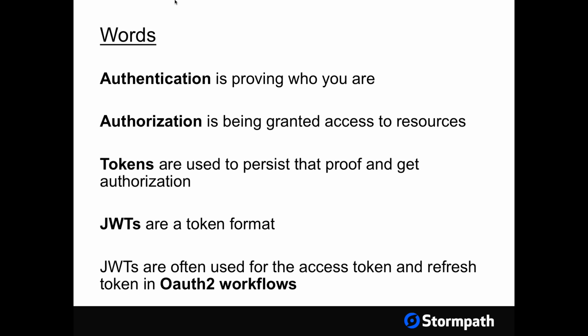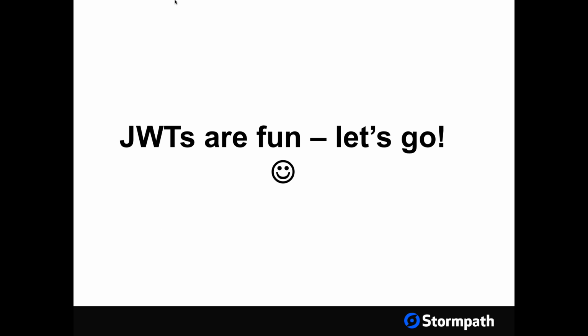And the overlap with OAuth 2 and JWT is that OAuth 2 actually calls itself an authorization framework, and they describe the process of exchanging credentials for tokens. They don't explicitly say what the token format should be, but that's where JWT fills the hole. It's like, okay, you need a token, here's a convenient format for that token. Okay. So, long story short, JWTs are fun.